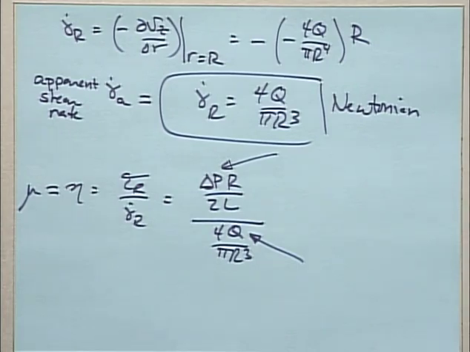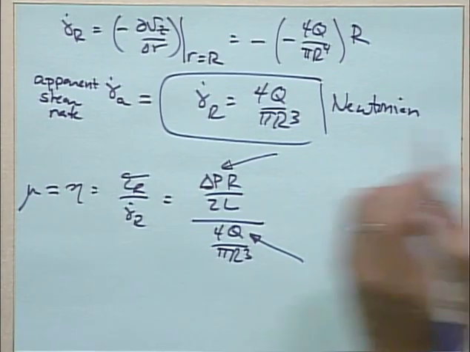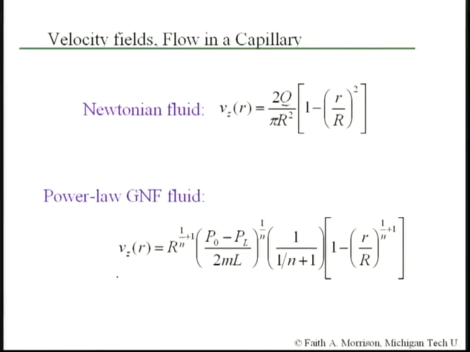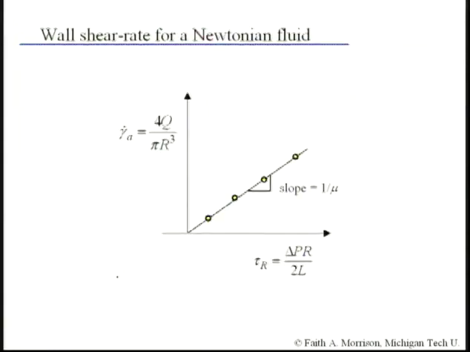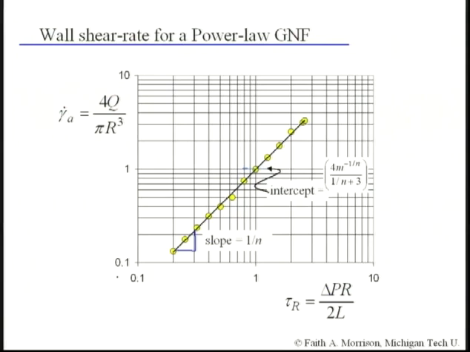If we were dealing with the power law model, we could do the same thing. We could take the derivative of the power law solution the same way we did here. It would obviously come out differently. Then take whatever answer we get and put it into this formula, and it comes out like this.